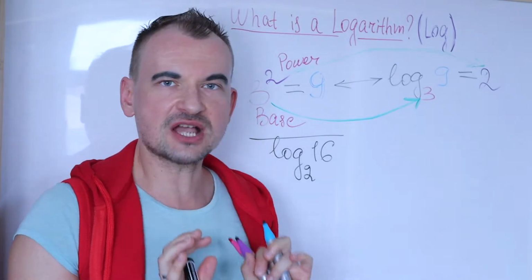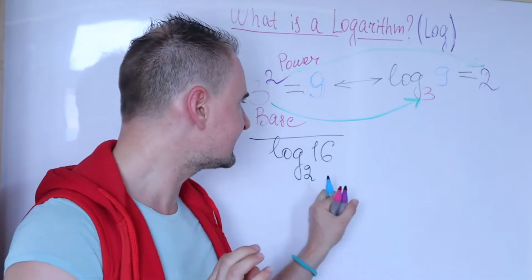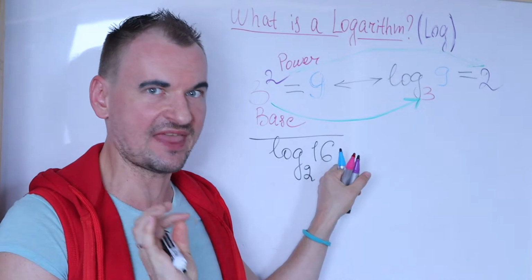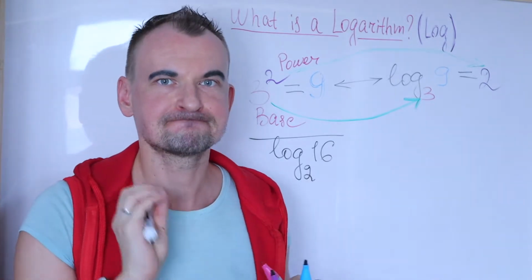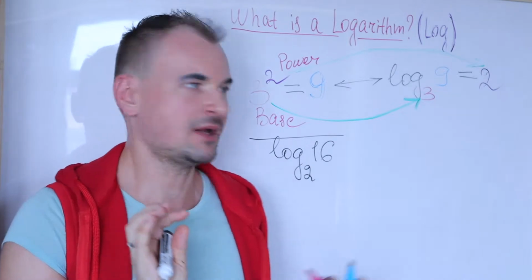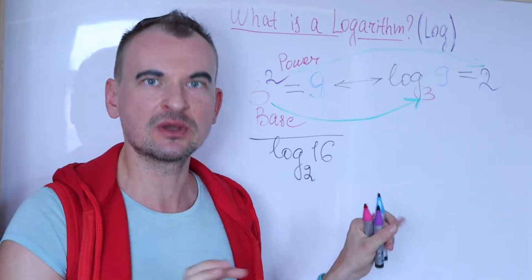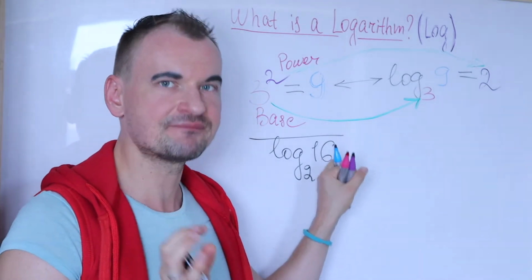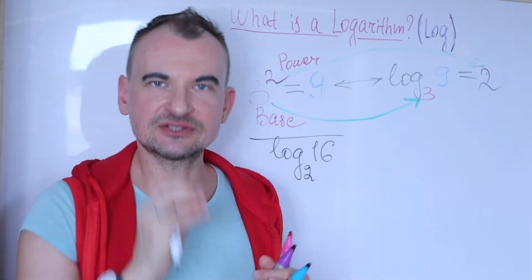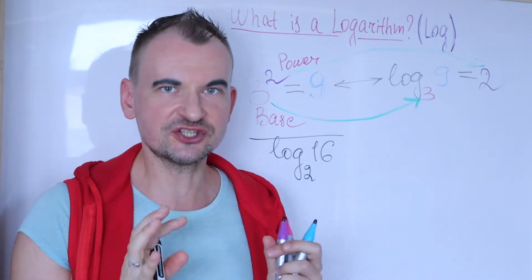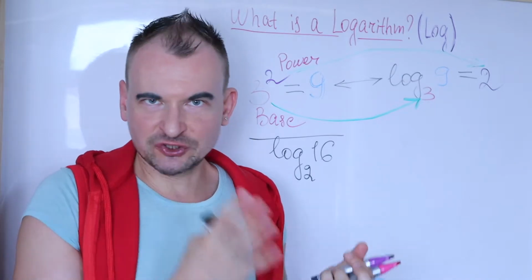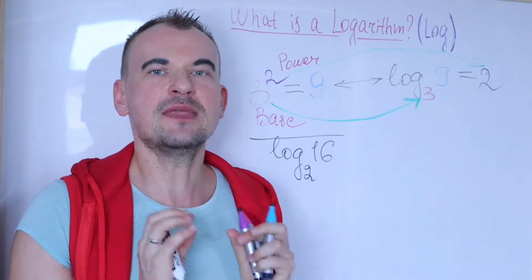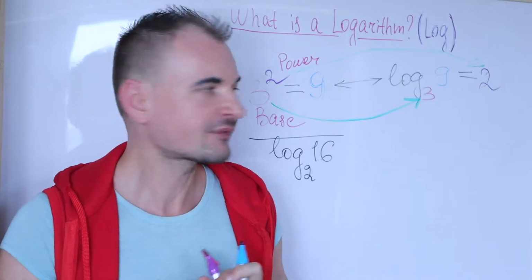Always ask yourself, what number does this little base 2 have to be raised to in order to get 16? And the answer is 4, since 2 to the 4th power is 16, because 2 times 2 times 2 times 2, 4 times, gives you that 16. And the answer is 4 for that logarithm.